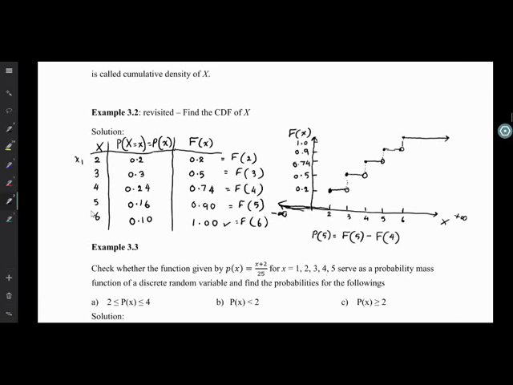Let's see whether we can get that. Capital F at 5 is 0.9. If you subtract capital F at 4, which is 0.74, you get 0.16. And that is exactly P5. So it is easy to do calculations when you have the CDF.